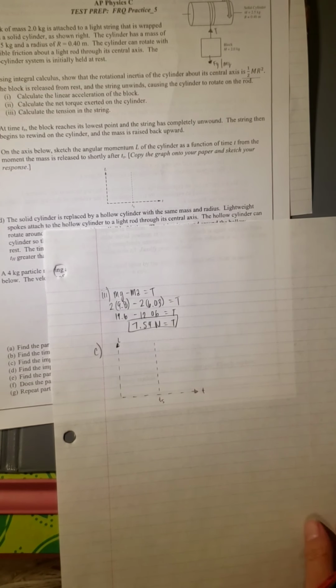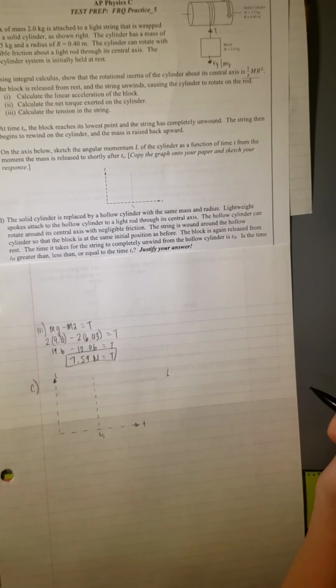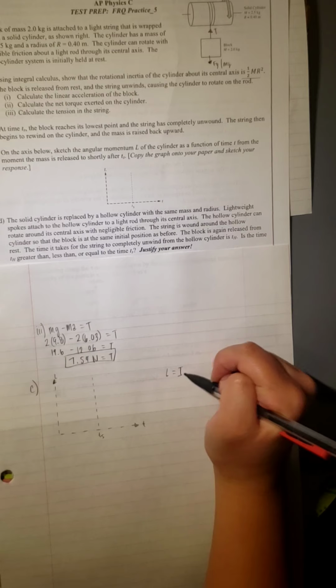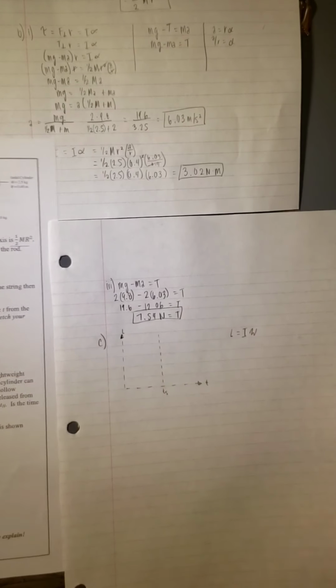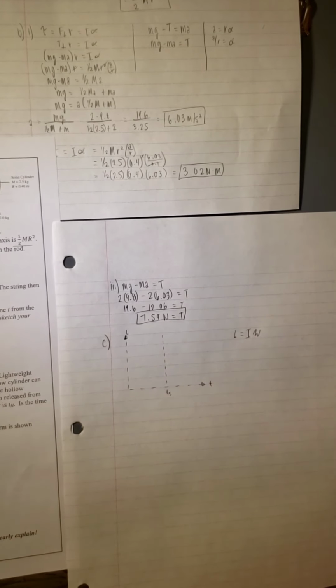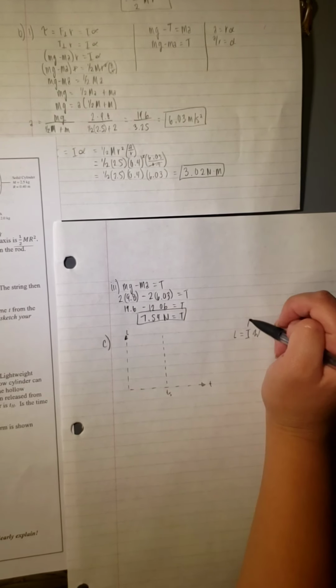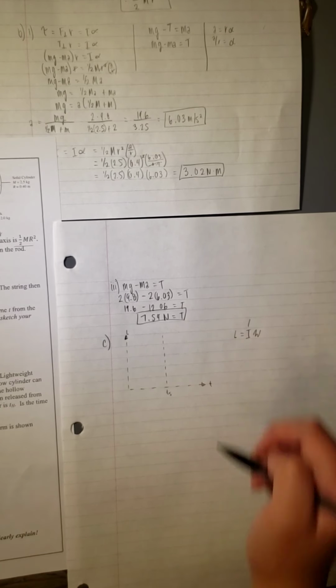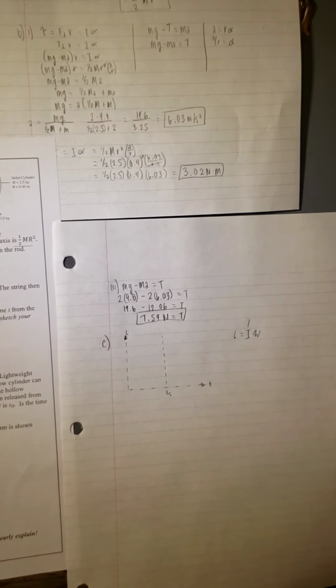Alright, so as you remember, angular momentum equals I omega. Now, we have to remember that I is essentially a constant. It's not going to change. However, our omega is changing because there is an acceleration, so it is going to increase.